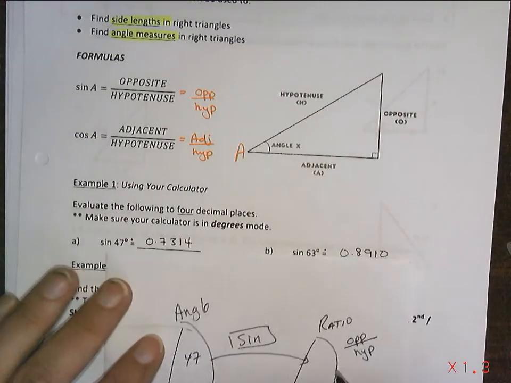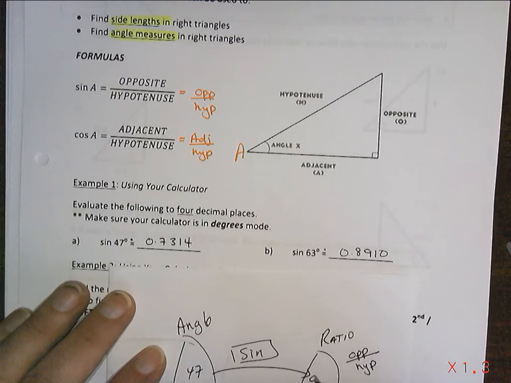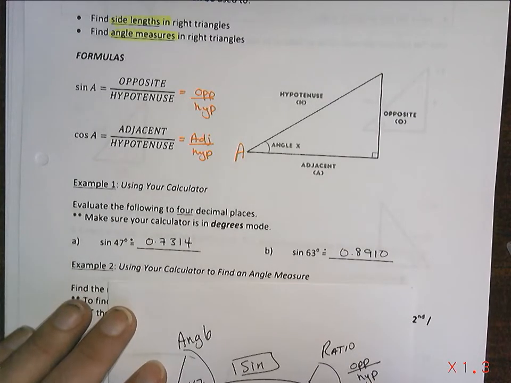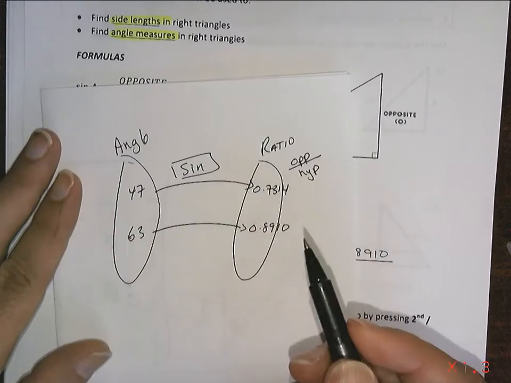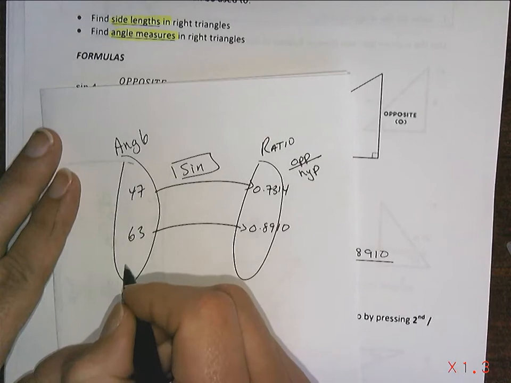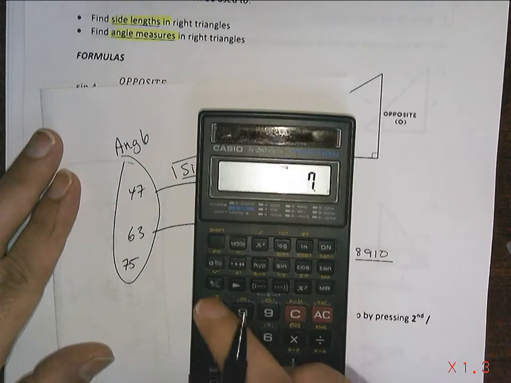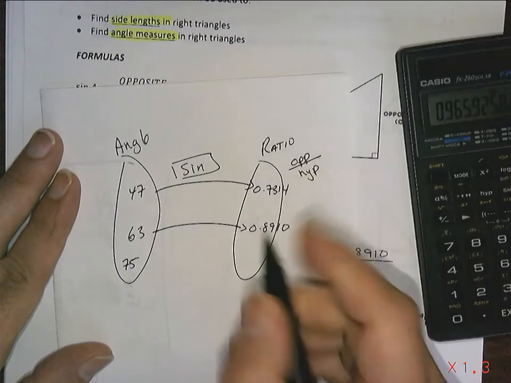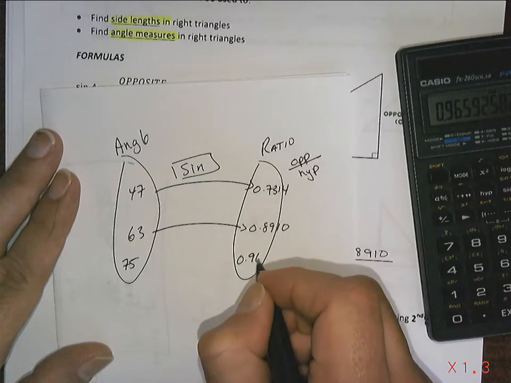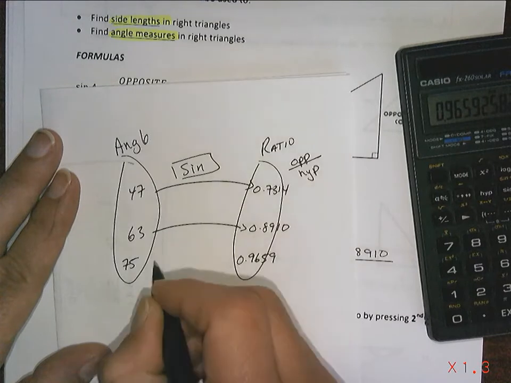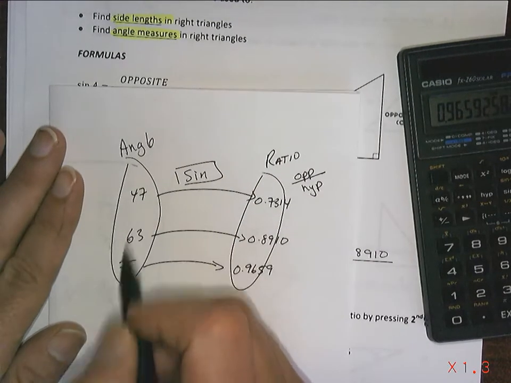That ratio, that division, is 0.7314 approximately and 0.8910 approximately. Had we done a different one, let's say, and I'm making this up, let's say 75 degrees, you would grab your calculator, do 75 sine, and it would take me to 0.9659. So that is what's going on here.